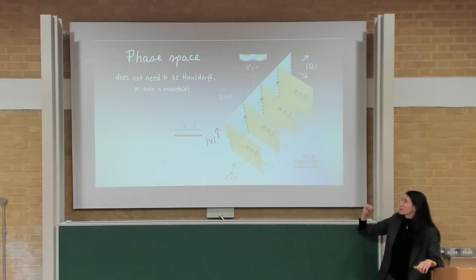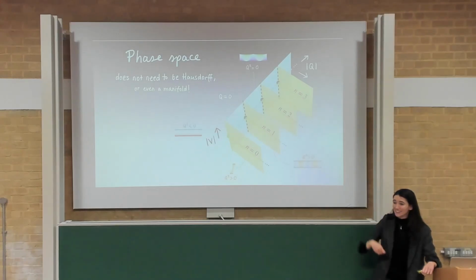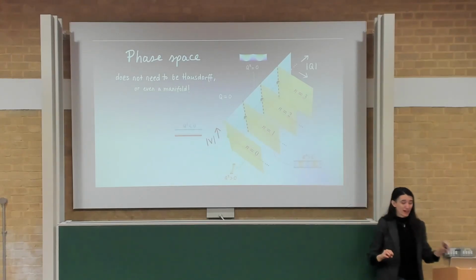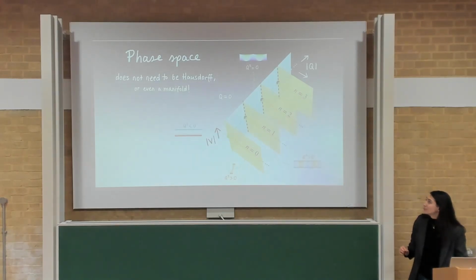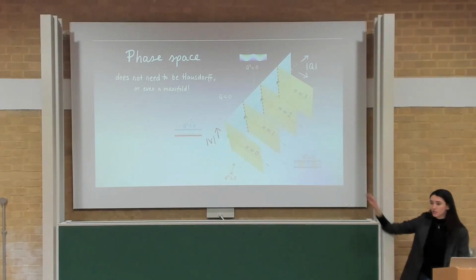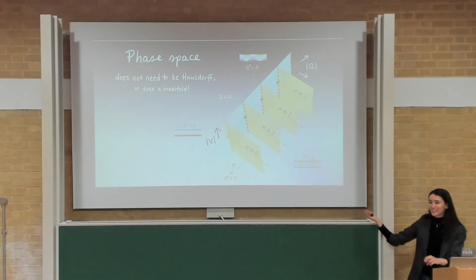That's why I've tried to draw them with this dashed green and black lines to indicate that they're sitting right on top of each other. So this was hard to draw for those reasons. I can't properly draw a non-Hausdorff space on the board. But there will be a group theoretic description of this phase space that I'll show you in a little bit, that is much nicer to write down than this picture I drew here in my best attempt.